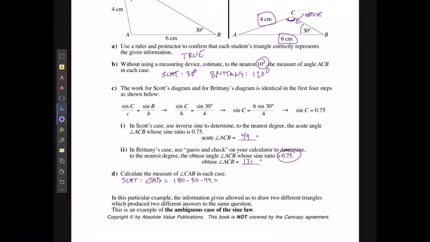The last angle is 101 degrees. For Brittany, angle CAB is going to equal 180 minus 30 minus 131, and she got that the last angle is going to be 19 degrees.